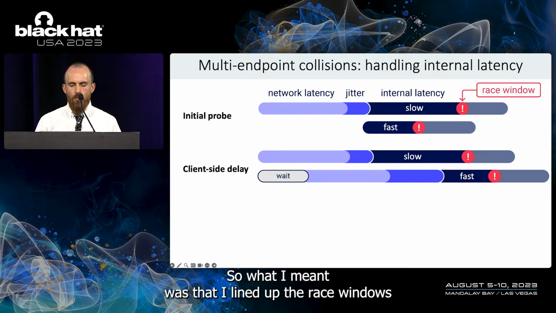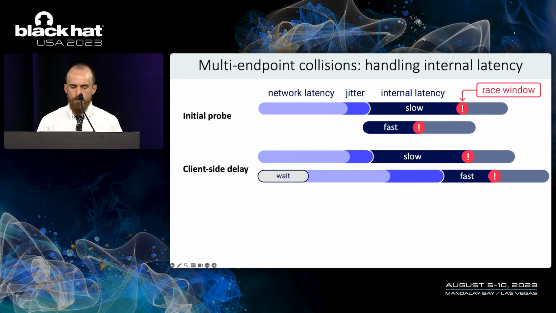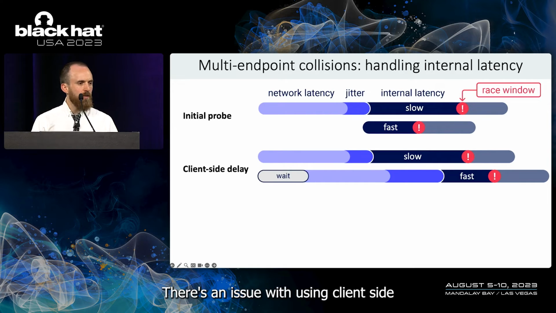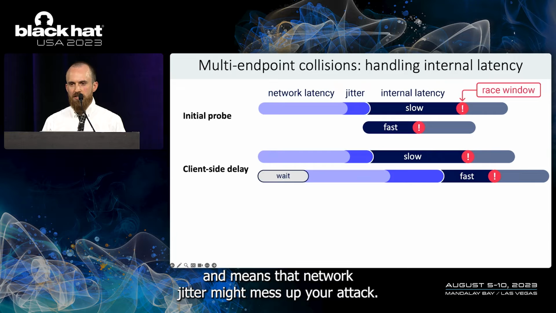So what that meant was that I'd lined up the race windows, and if there was a bug, I was more likely to find it. There's an issue with using client-side delays like this, though, which is that it rules out the single packet attack and means that network jitter might mess up your attack.